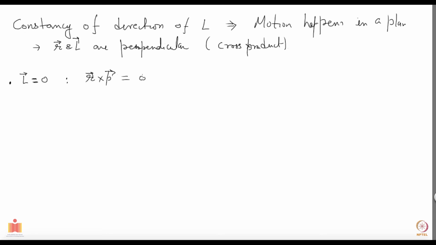If that is the case, then this cross product will vanish and your particle is moving in a straight line. Or equivalently, the two masses are directly falling into each other, or just getting separated from each other along a straight line. That is what I said a few moments ago.